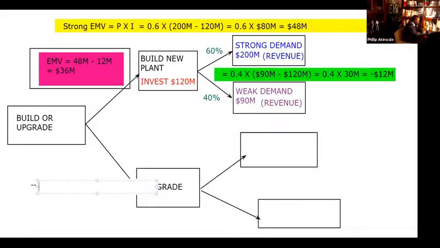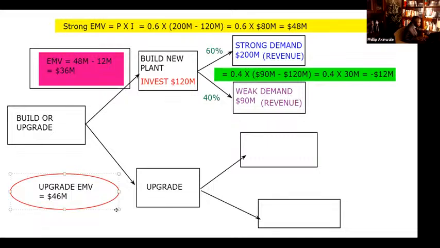So upgrade EMV is going to be 46 million. And from your analysis, you are going to choose upgrade because that gives you the best bang for your buck. Okay, it gives you the best outcome, the highest EMV. That's really what you're going for.